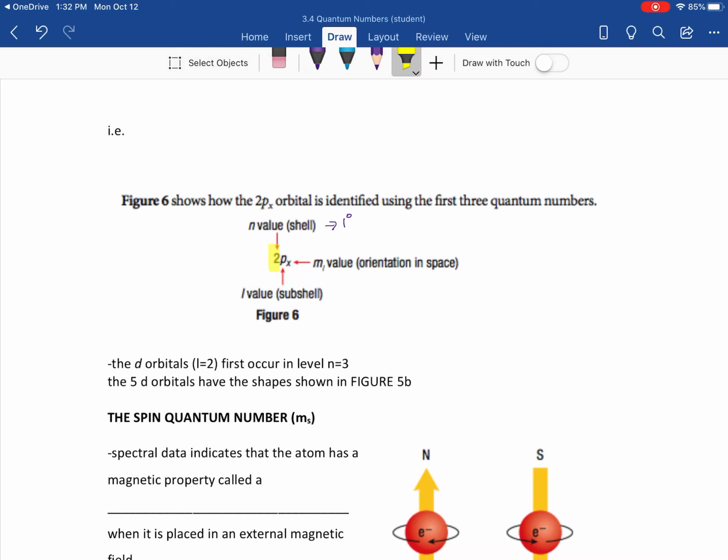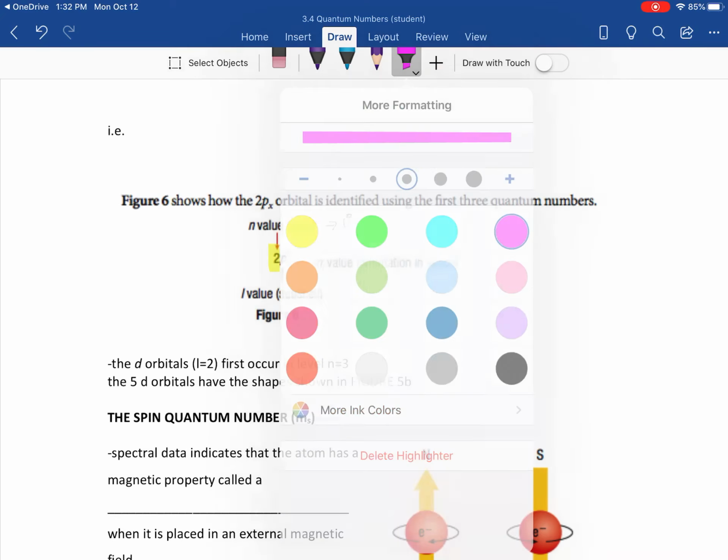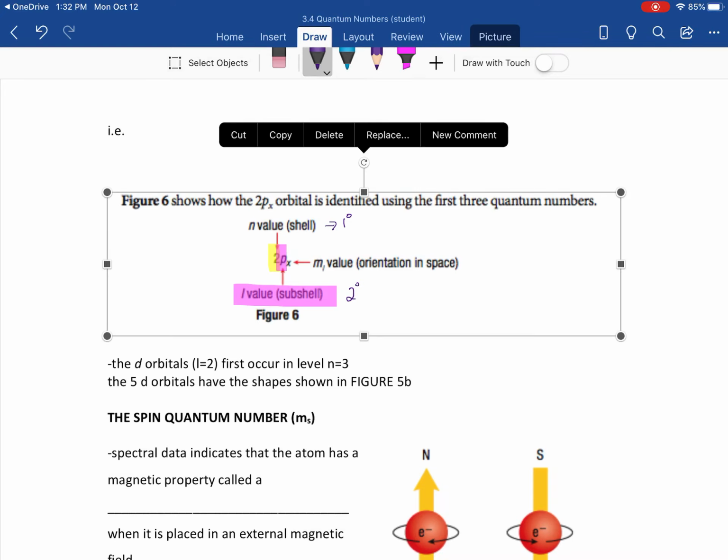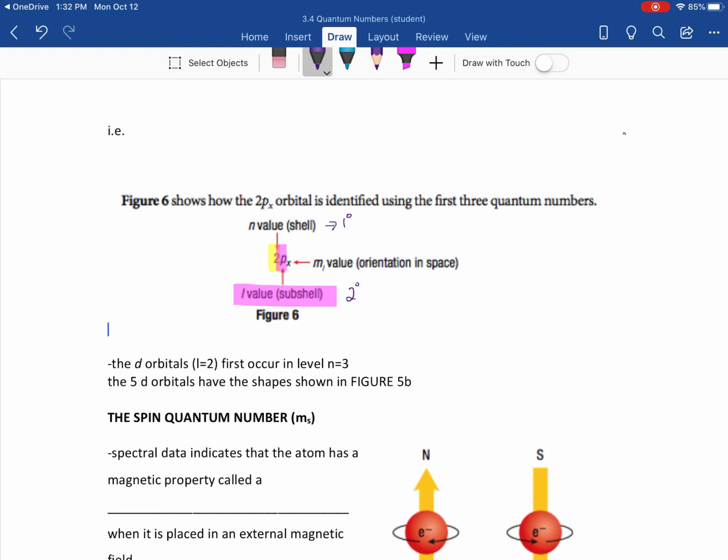Then my shape, or my p, is the subshell, and that is my secondary quantum number. And lastly, I'll just circle the X. That X is my tertiary quantum number, so the m sub L. And that means your orientation in 3-dimensional space.